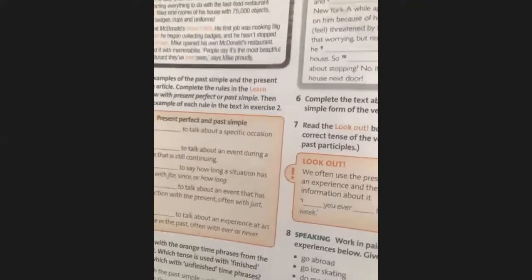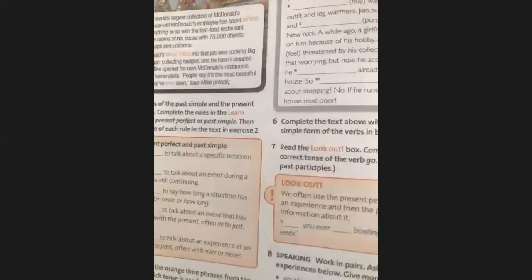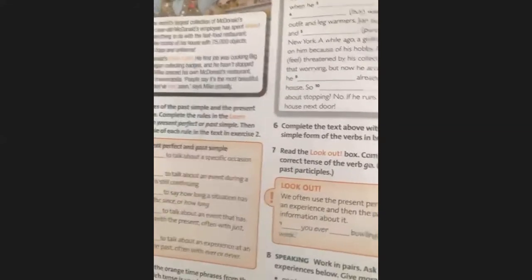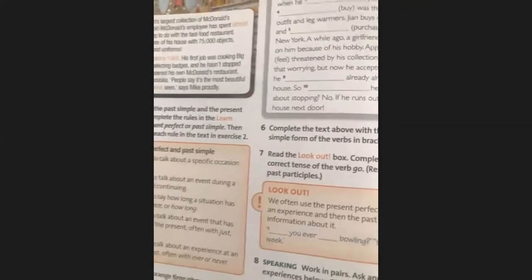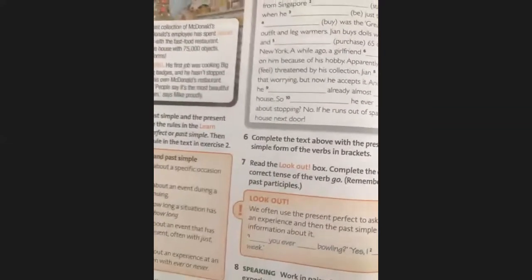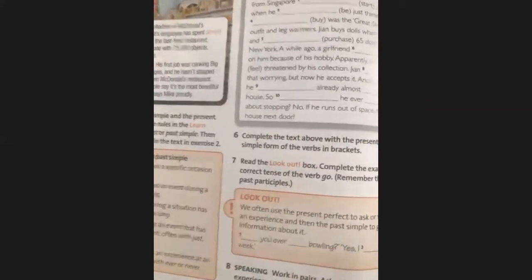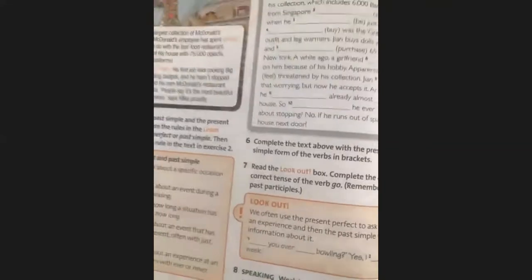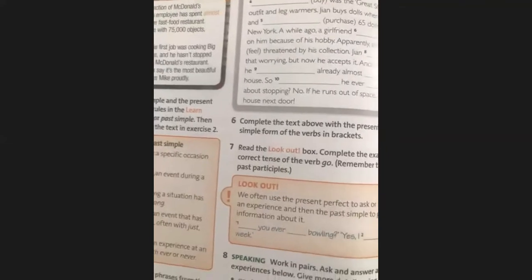Yes? So went is just the past. Went is the normal past, when you know the time, the day that you went somewhere. Yesterday, I went to the store. I have been to the store before.